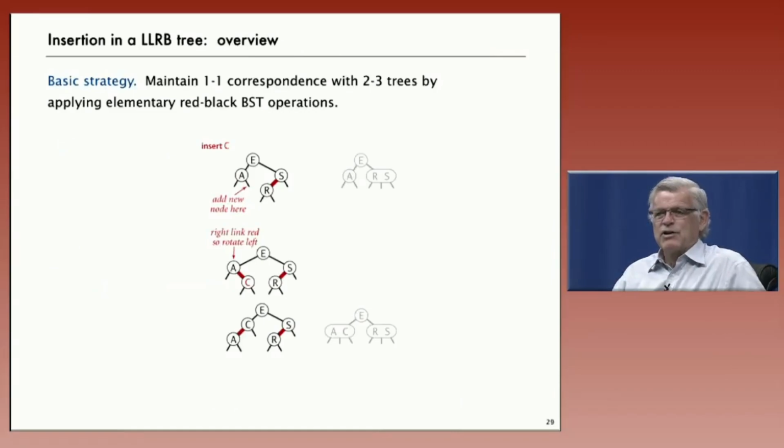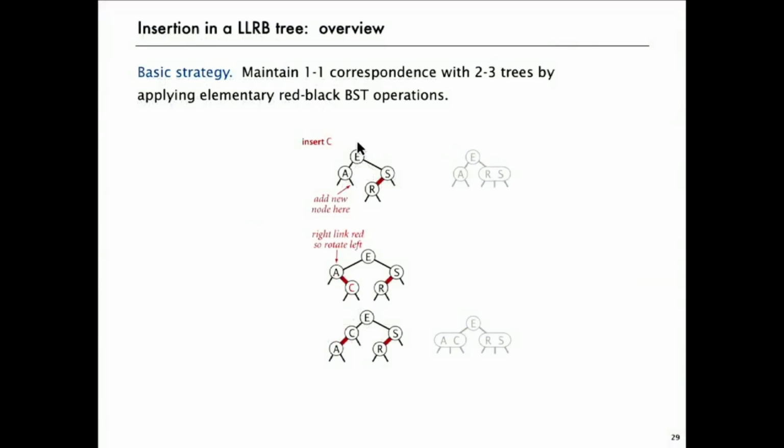So the basic strategy is, with those operations, maintain one-to-one correspondence with 2-3 trees when we do insertions. So here's an example. If we want to insert C into this red-black tree, which is a representation of this 2-3 tree, then C is going to be less than E, greater than A, so it'll get added as the right link of A. And every time we add a node, we just create a red link to its parent, and so that's changing the 2-node into a 3-node.